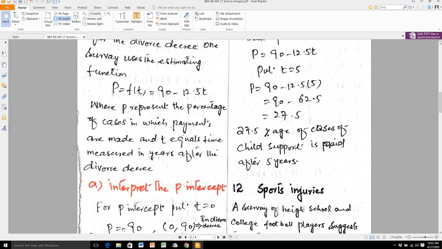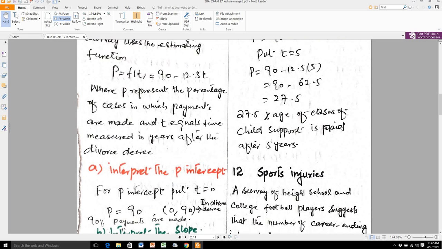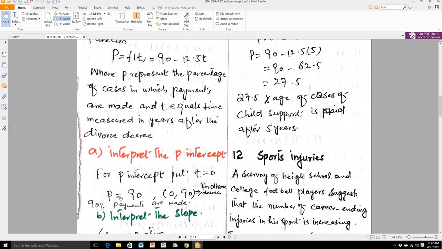So in this respect our question part A is: interpret the p-intercept.